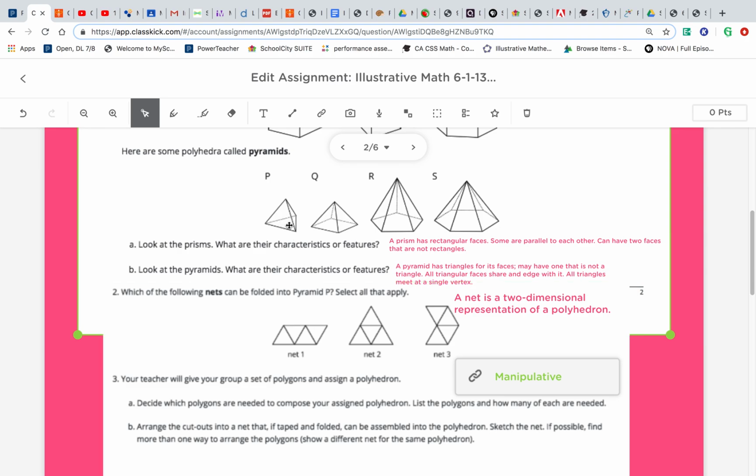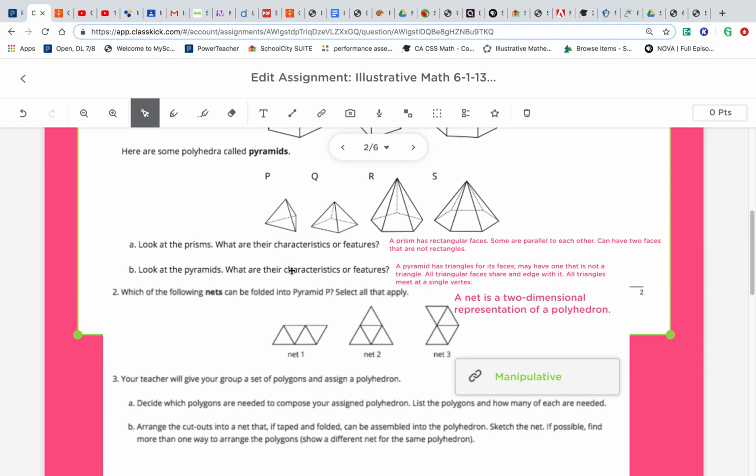So if you look at this here, we want to notice, first of all, how many faces there are for P, because it's going to have that number of faces in our net. So if you look here, we can see 1, 2, 3, and then 4. There's 4 of them. So net 1, does it have 4? It does. And then the idea is this is kind of the bottom here. The bottom is going to be a triangle.